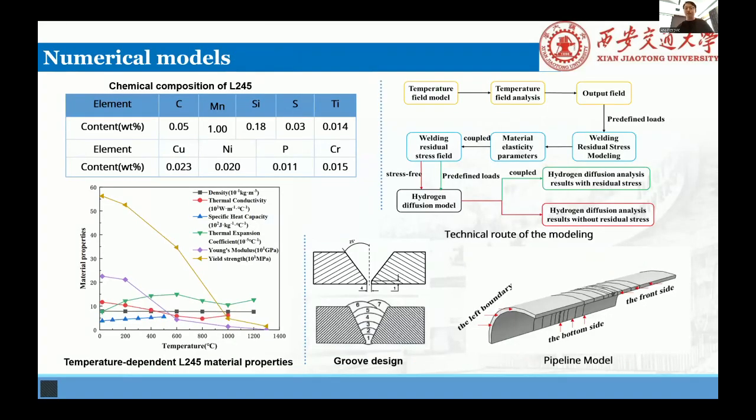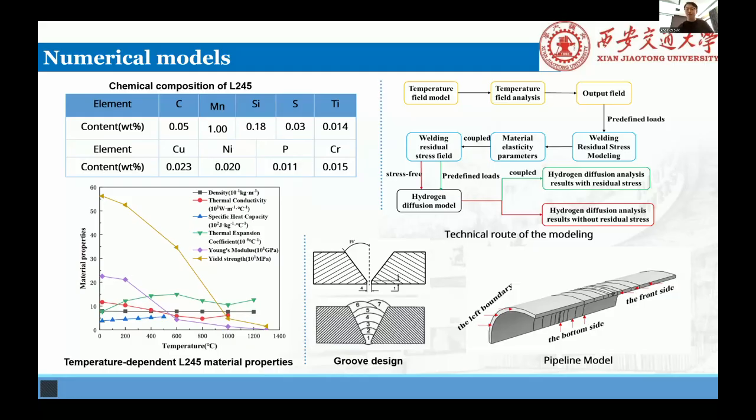Now I'll turn to the numerical models, starting with the material data and the overall technical route. First, the chemical composition of L245 pipeline steel is measured, including elements such as carbon, manganese, silicon, and other elements. Their mass fractions are given in the table on this slide.